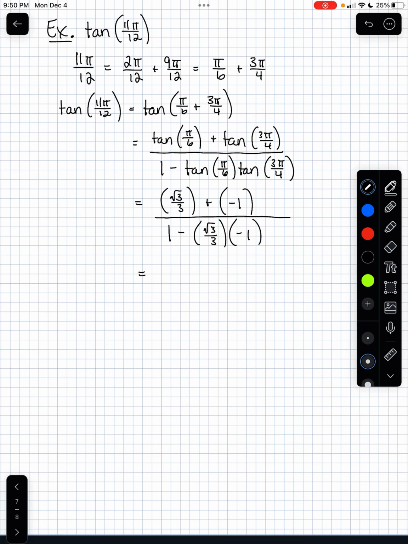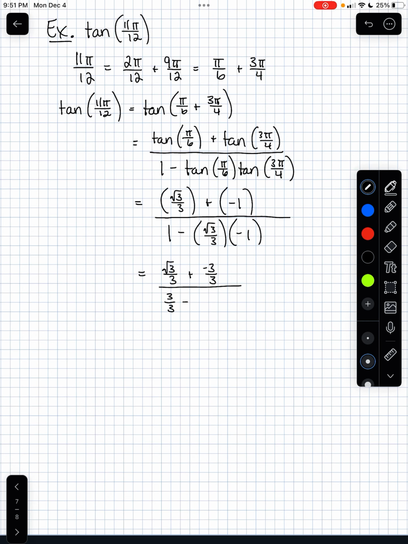In order to add the fractions in the top, and again to add the fractions in the bottom, we will need common denominators. So in the top, we're going to write the negative 1 as negative 3 over 3. In the denominator, we're going to write the 1 as 3 over 3. And then we don't really need to write the negative 1 in the denominator as a fraction, because it really can just multiply the square root of 3 over 3 that's already there, which is being subtracted.